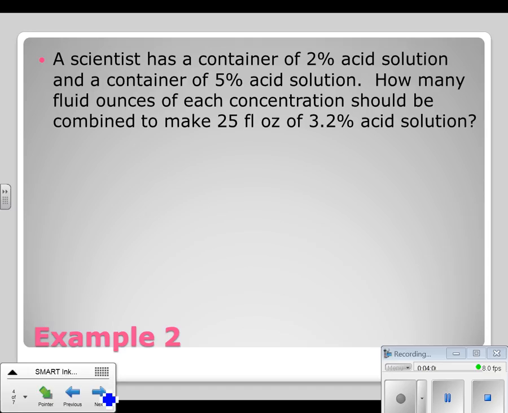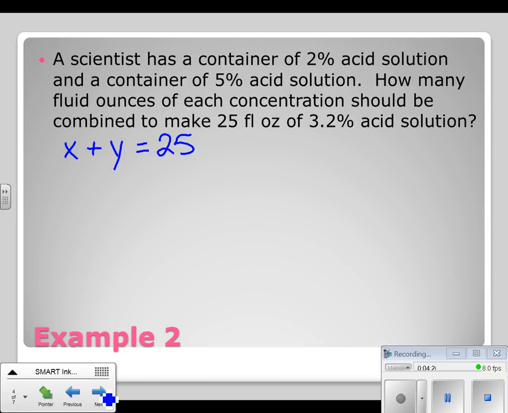A scientist has a container of 2% acid solution and a container of a 5% acid solution. How many fluid ounces of each concentration should be combined to make 25 fluid ounces of a 3.2% acid solution? So we have 2 solutions, x and y, and when we add them together we want 25 fluid ounces.